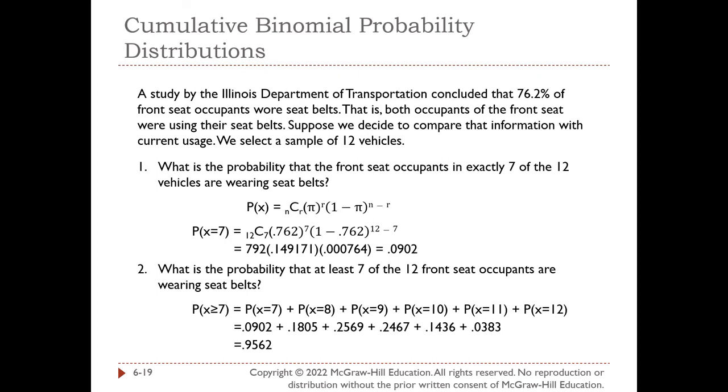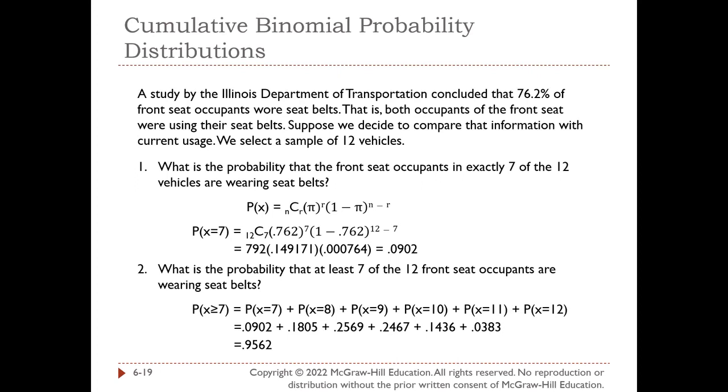Again, pi is basically our rate, our percentage. And then also multiply by 1 minus 0.762 raised to the 12 minus 7th power. So we find out that if we want exactly 7 wearing seatbelts, that's 0.0902, basically about 9%.